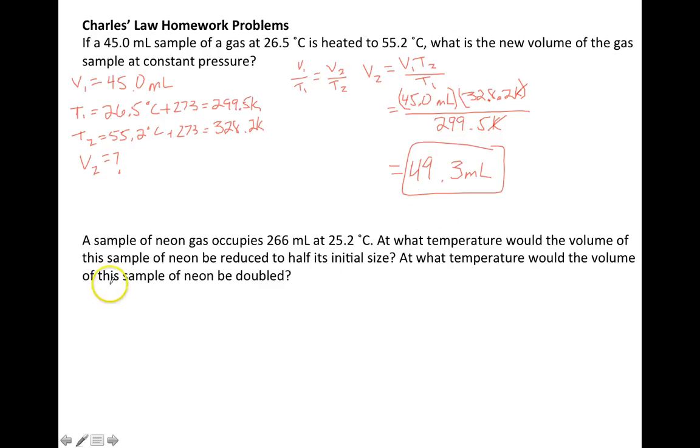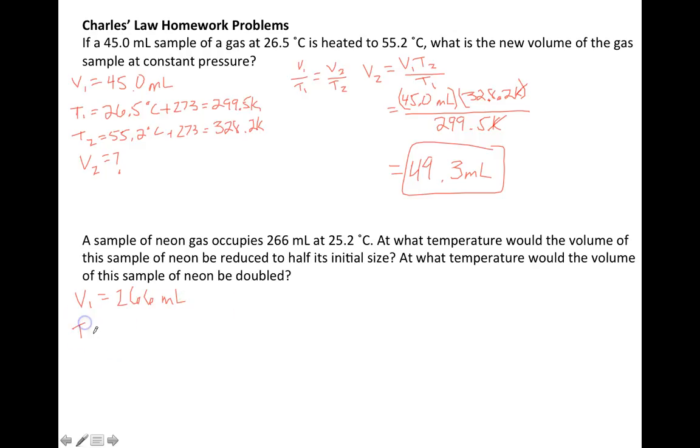All right, next one. A sample of neon gas occupies 266 milliliters, so that is a volume. So V1 is equal to 266 milliliters.